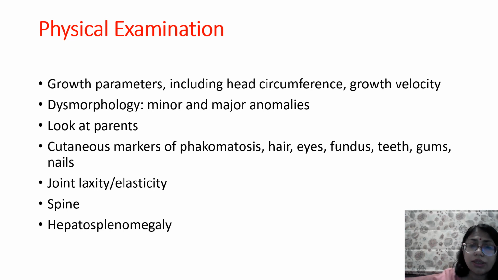We look at the teeth for hypodontia, gums for any blue line, nails, which could be indicating the markers for even severe anemia. Then we look for joint laxity, elasticity for any possible underlying connective tissue disorder. We look at the spine. We palpate the abdomen for possible organomegaly, especially the hepatosplenomegaly that happens many a times with storage disorders.